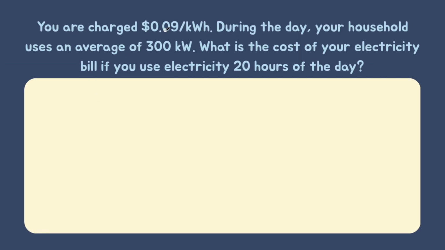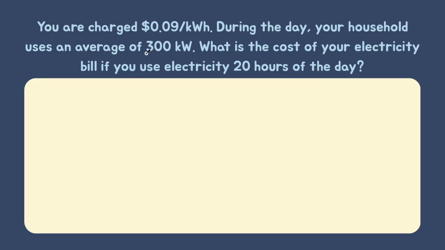You are charged $0.09 per kilowatt hour. During the day, your household uses an average of 300 kilowatts. What is the cost of your electricity bill to use electricity 20 hours of the day? So, as you can see, we just need to break this down a little.